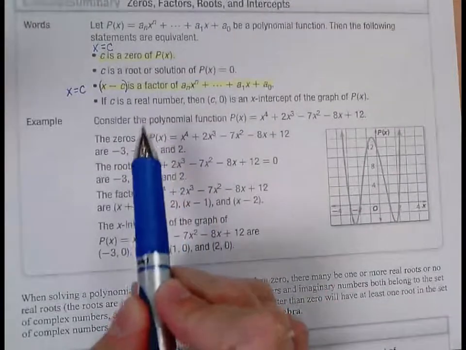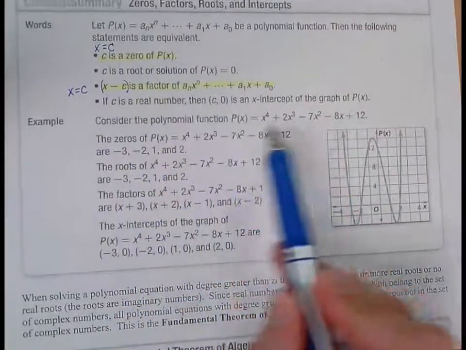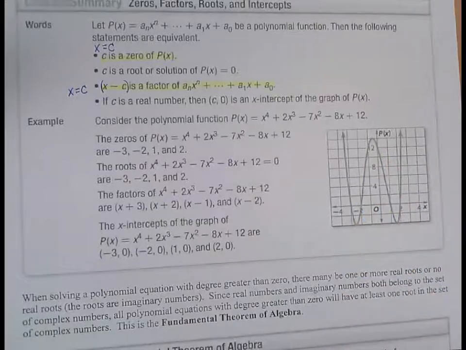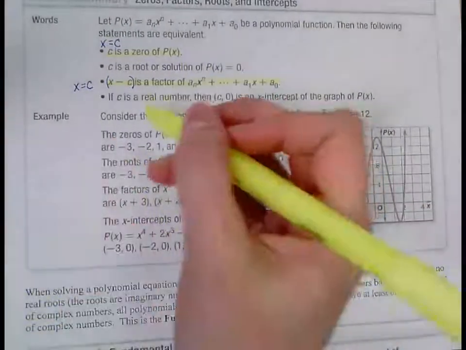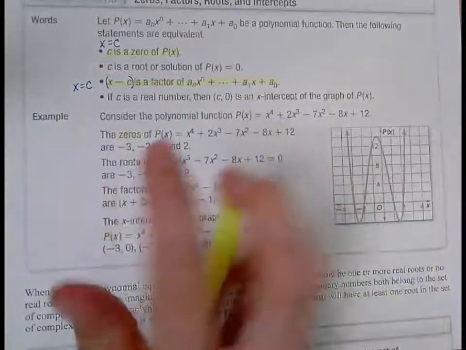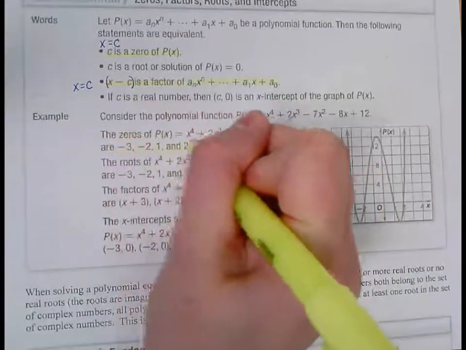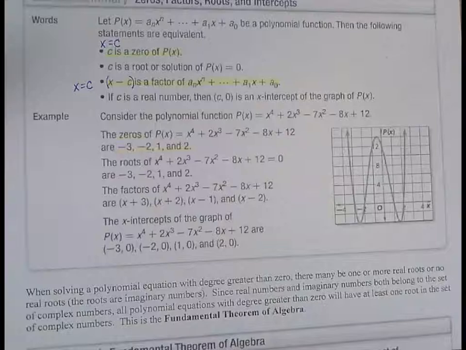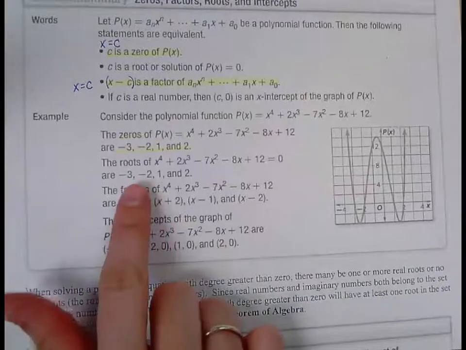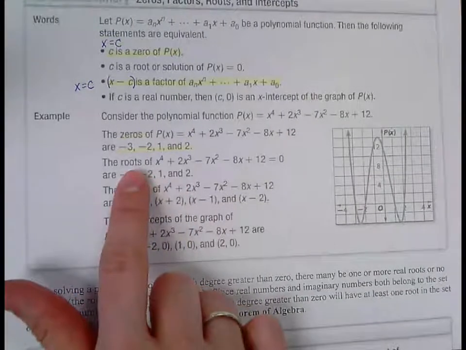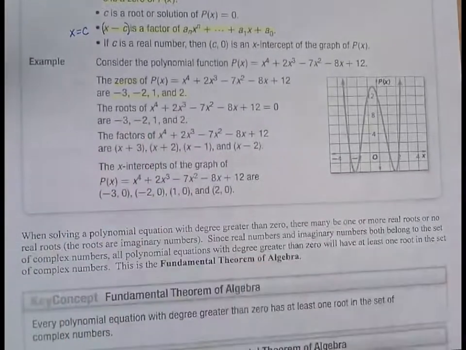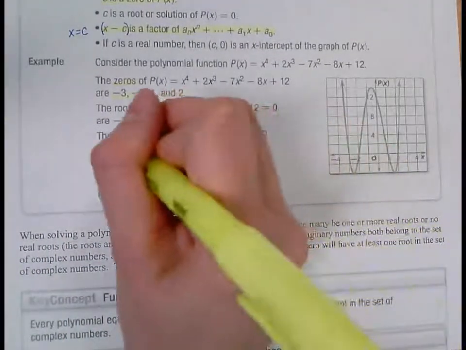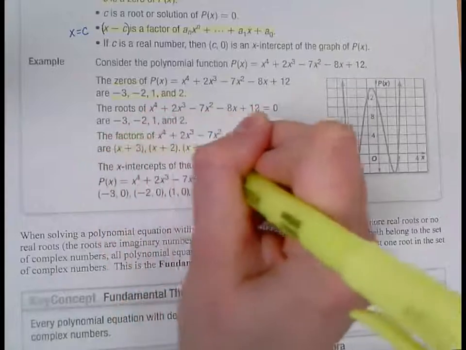Then it gives a specific example, an actual polynomial, not just a formula. For this polynomial, the zeros are -3, -2, 1, and 2. Those 4 numbers are also the roots of the equation, or the solutions of the equation. But then take a look at what the factors are.